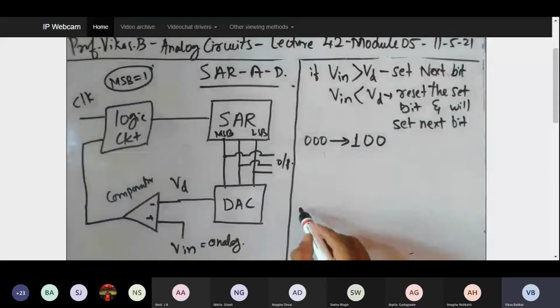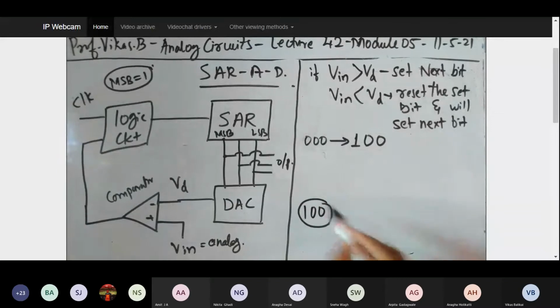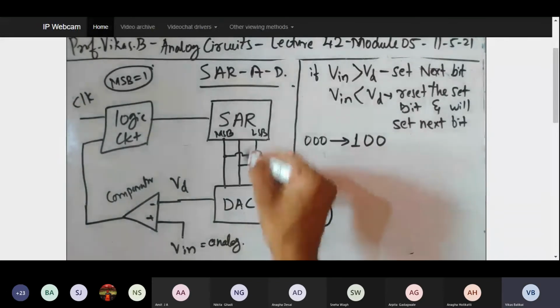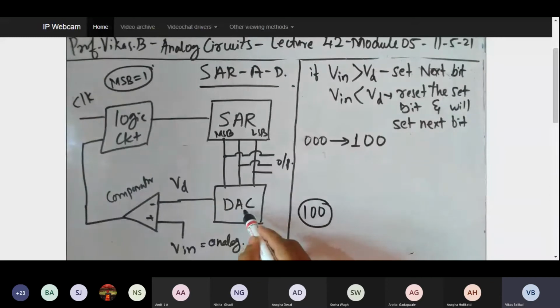So I'm going to write it over here. If this is the case, then this will come over here to the DAC, digital to analog converter, which you already learned yesterday. So the 100 digital value is going to be converted into its appropriate analog value. As we know, 100 is nothing but a value of 4.